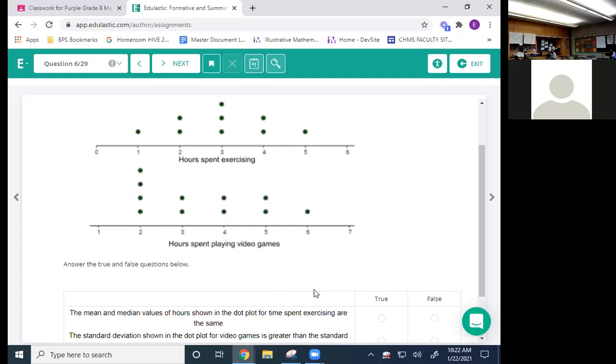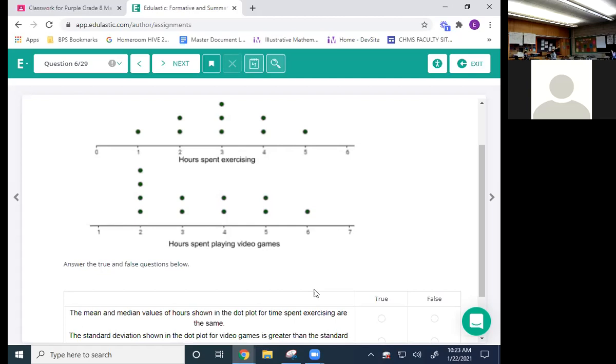Looking at exercising, what can we say about that shape, that distribution of that dot plot? Max, or Ian, sorry. It's symmetric. It's bell-shaped, it's symmetric, right? So if we have a bell-shaped, nice job, Peyton. If we have a bell-shaped data set, are the mean and the median going to be the same? Think back to what we talked about.